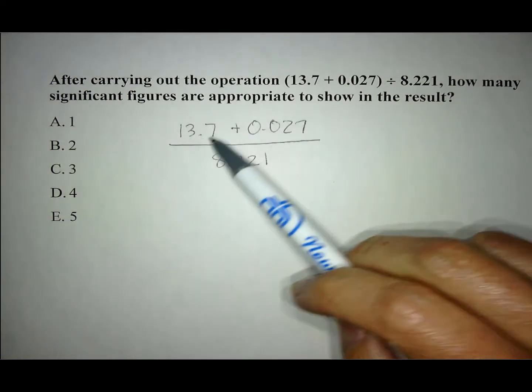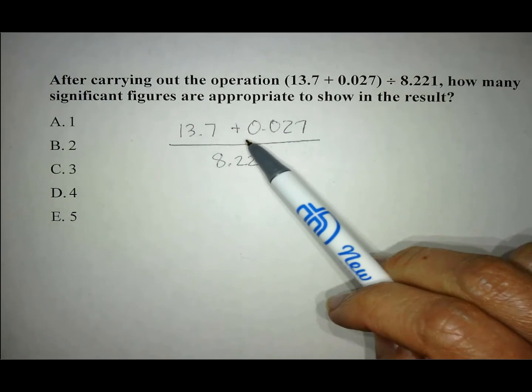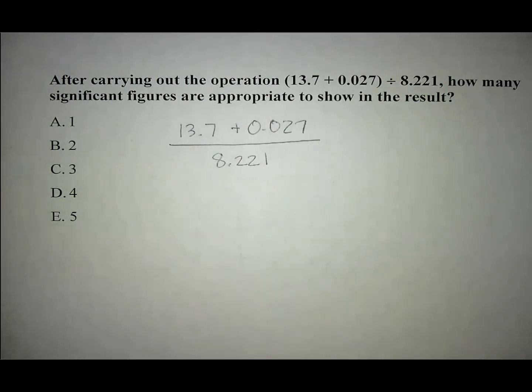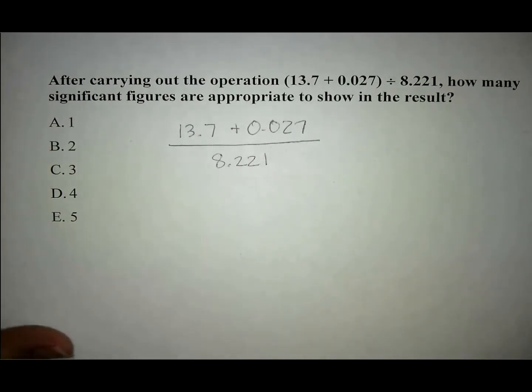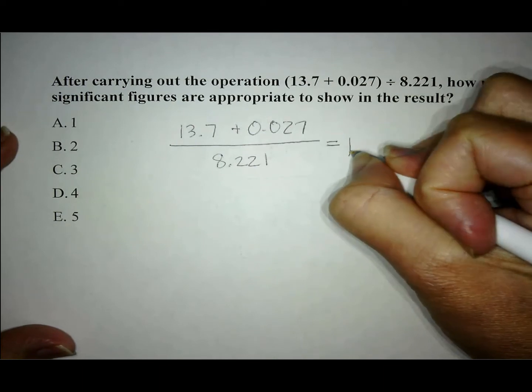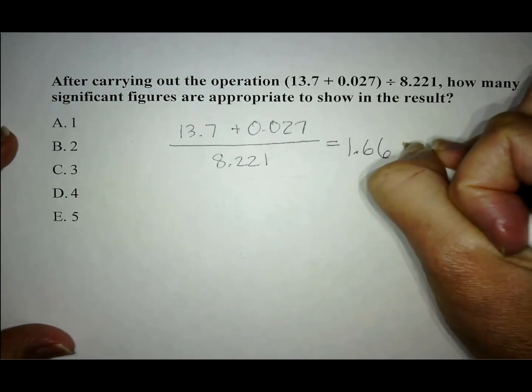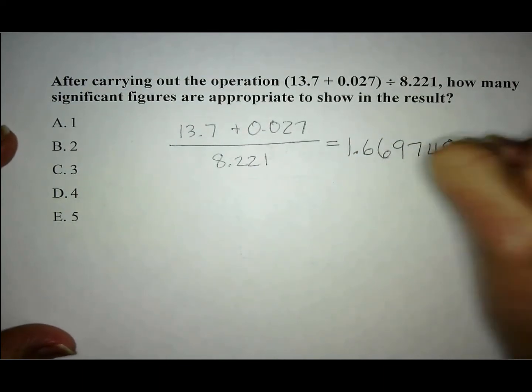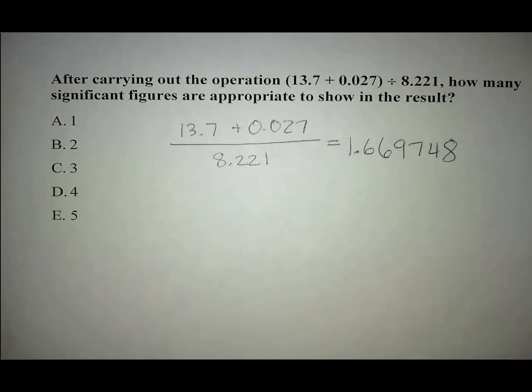And we would do the addition part first, 13.7 plus 0.027. You could hit enter, and then divide by 8.221. And we would come out with an unrounded value of 1.669748, and that should give us plenty of digits to work with our rounding.